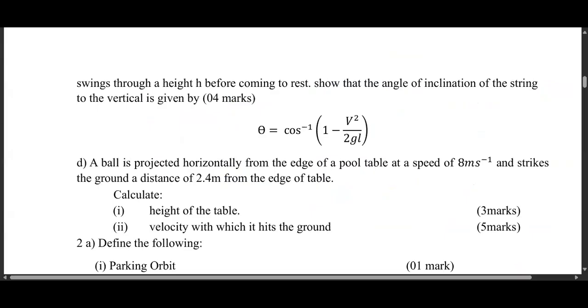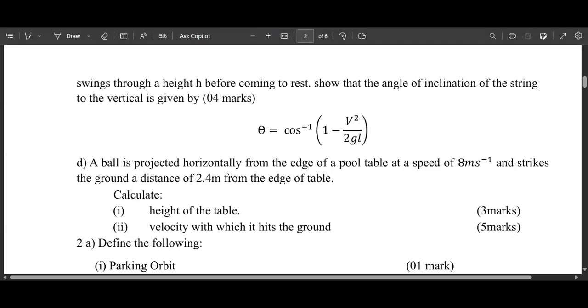Now, as this ball is going to be hitting the ground, it will hit the ground with a velocity in the horizontal and a velocity in the vertical, and these two components will end up giving us the resultant velocity.